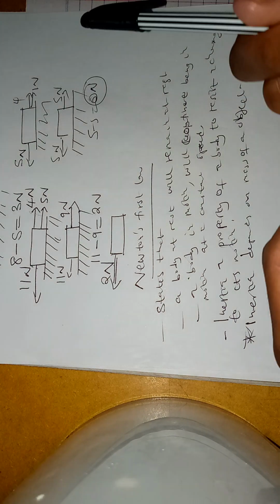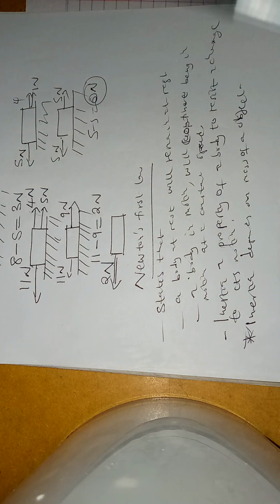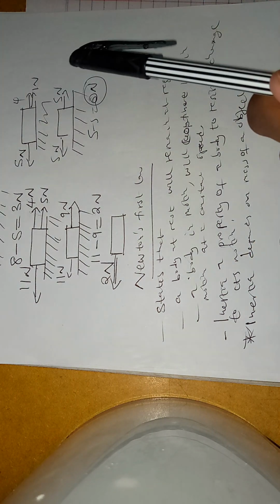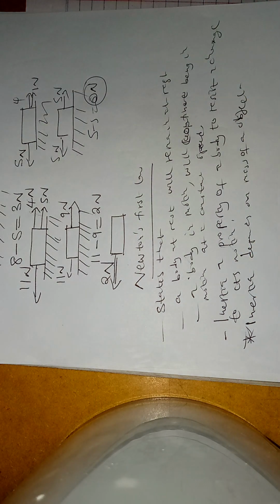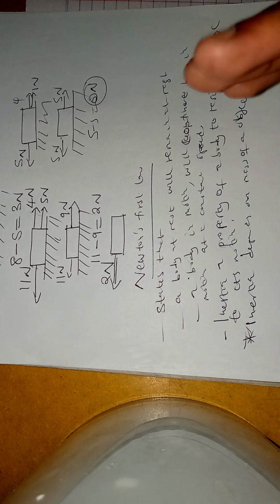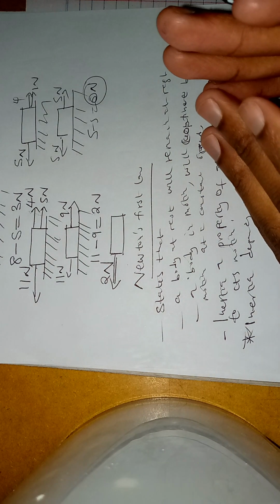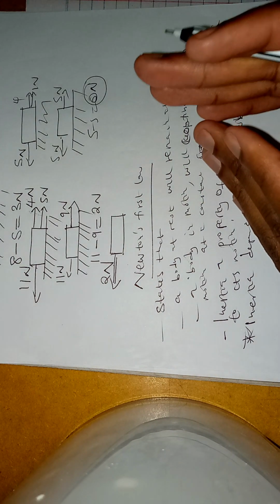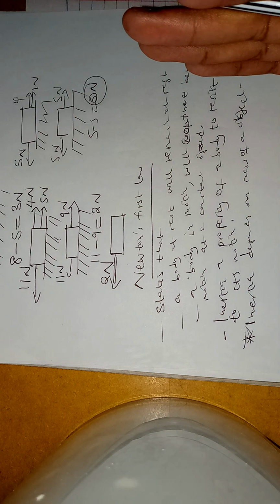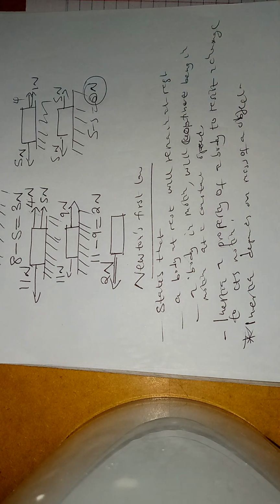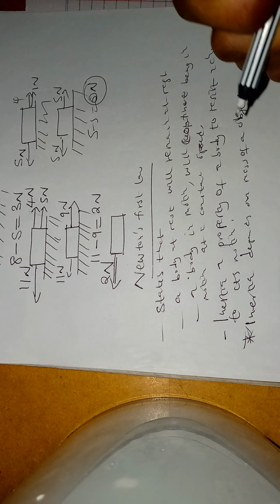This can lead us to a question. I can ask you a simple question like, why is it easy to move a wire car but not a truck? A truck has a higher mass, so it's going to have a higher resistance to change in its motion. If it's at rest, it will continue to be at rest. A wire car has a low mass, so it's going to be easy for you to change its motion.